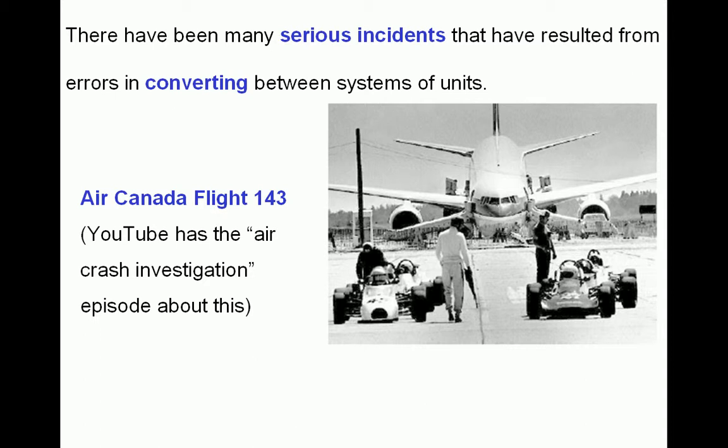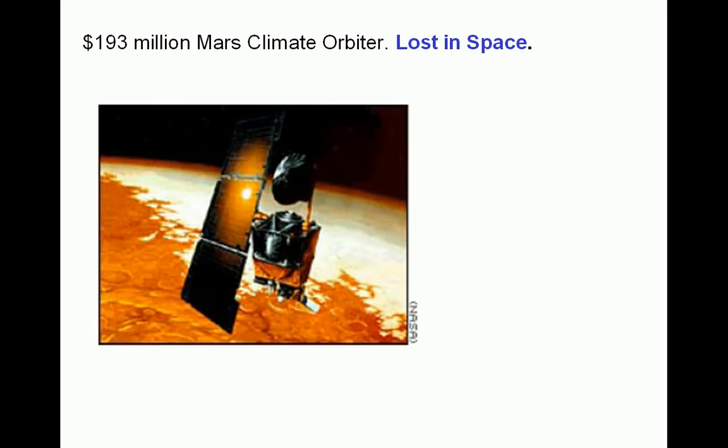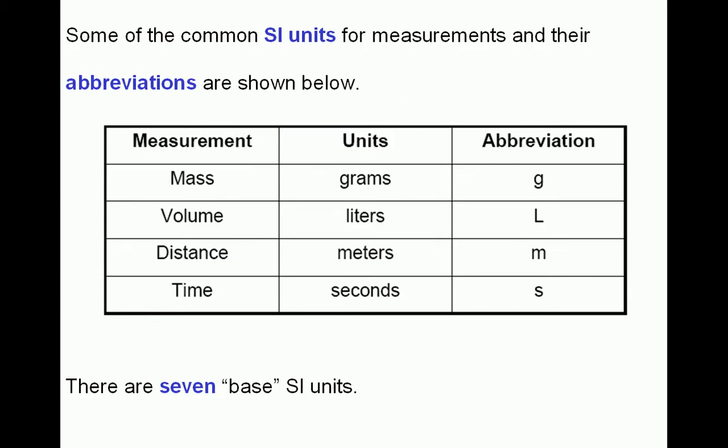Fortunately, no one died. This is kind of an embarrassing one: the Mars Climate Orbiter was lost in space because of a conversion error between different systems of units.